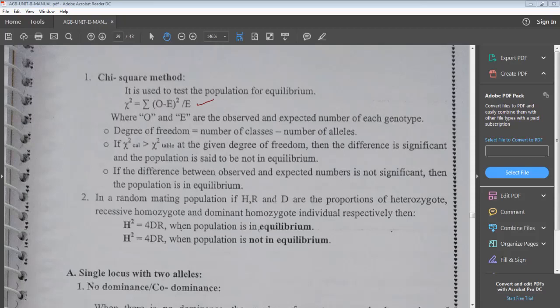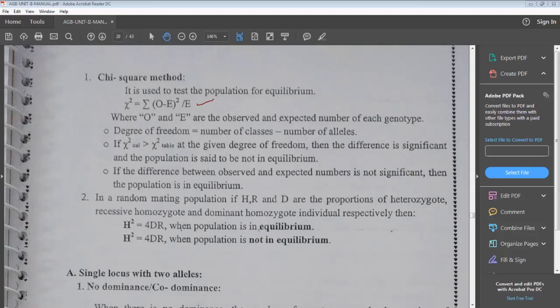Where O is the observed and E is the expected. Observed minus expected square divided by the expected number of the genes or genotypes will give us the chi-square value. And then using the degree of freedom, we check whether this particular test is significant or not.